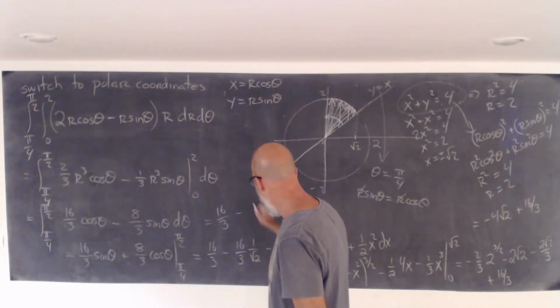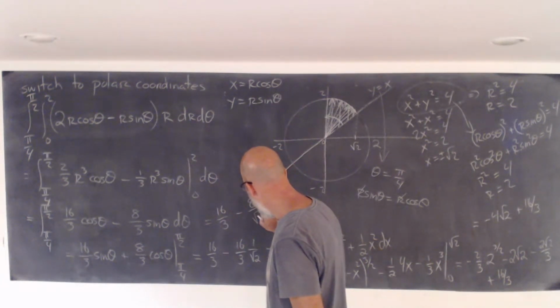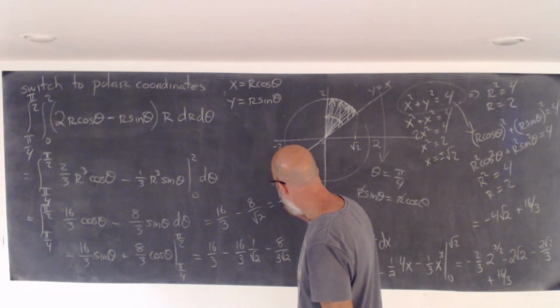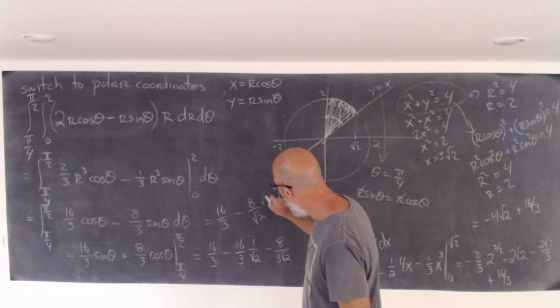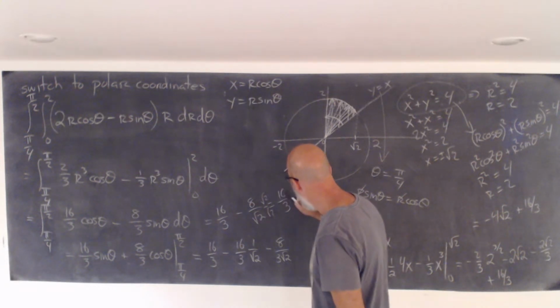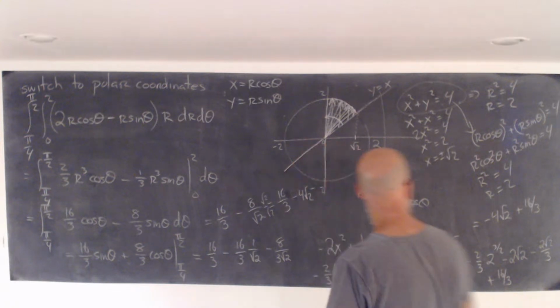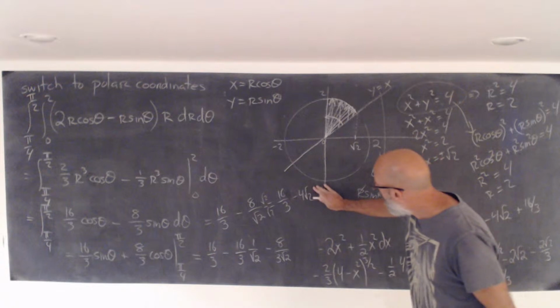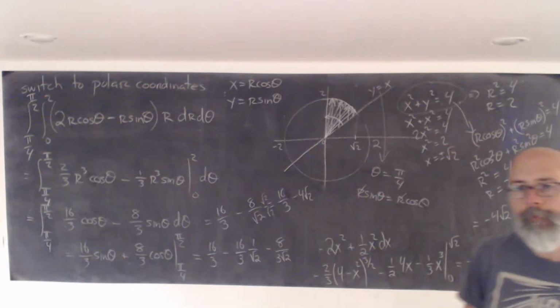So 24 over 3 is 8 over root 2, or if you multiply by root 2 over root 2, this is minus 4 root 2, which is exactly what we have. There it is.